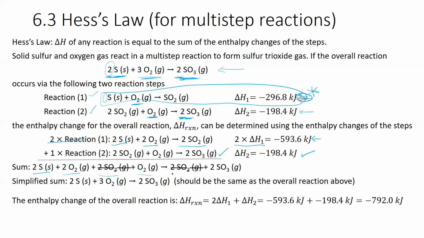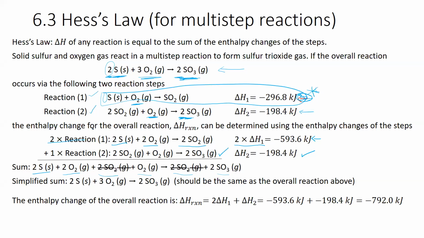And then we take our products, we get 2 sulfur dioxides as a product from the first reaction, plus 2 sulfur trioxides as the product from the second reaction, and that's the sum of these 2 reactions, right? So we're keeping everything on the reactant side on one side of the reaction arrow, and everything on the product side as we combine these 2 reactions.